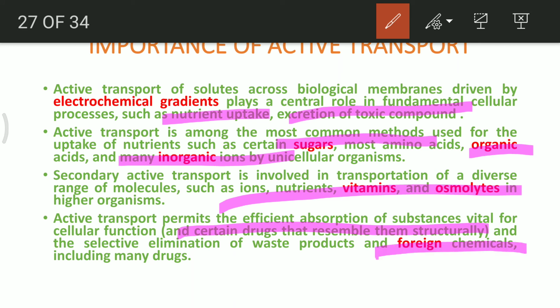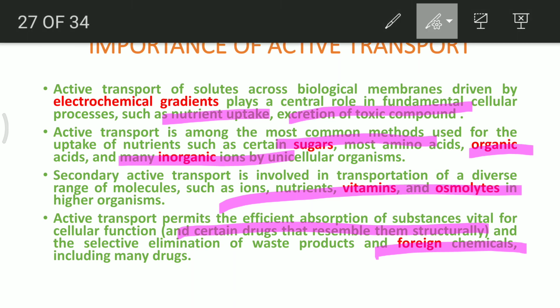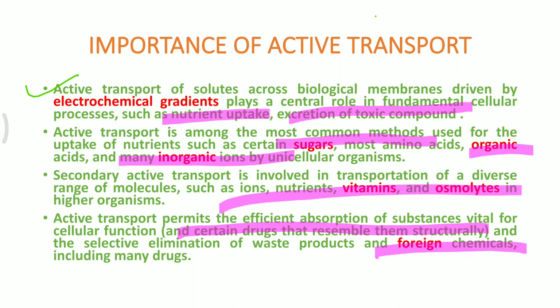Drugs means the medicines. The medicines are taken up with the help of this active transport only. But since we are studying about plants, you can only focus on one topic, and that is the nutrient uptake. You can just concise it to that. Whereas all the rest of the points are also important when we talk about the human physiology portion.